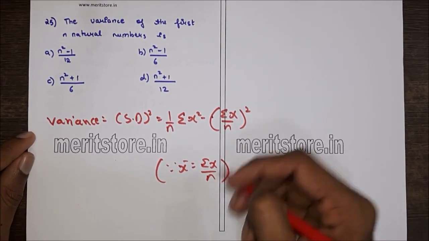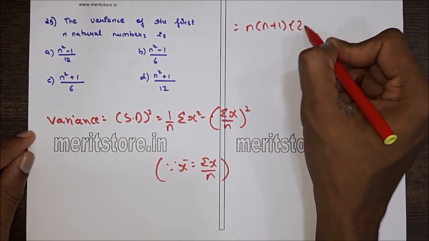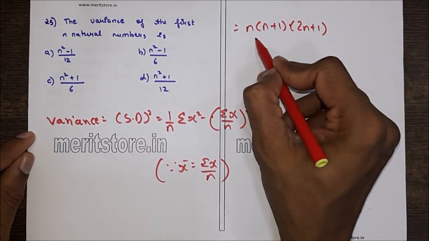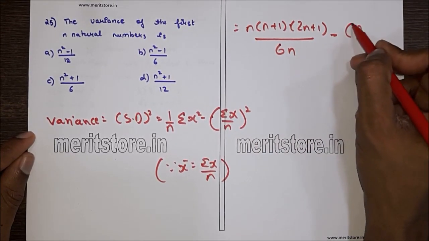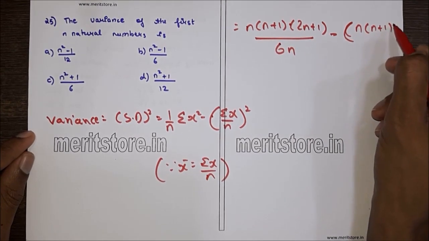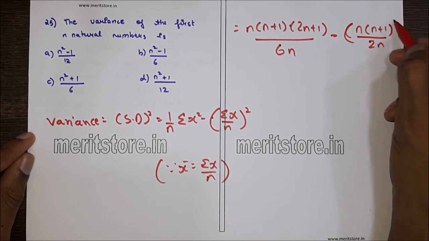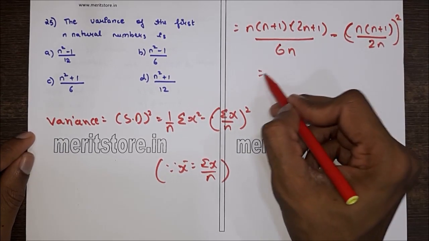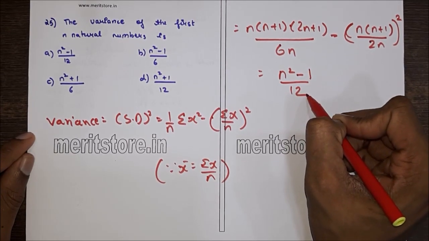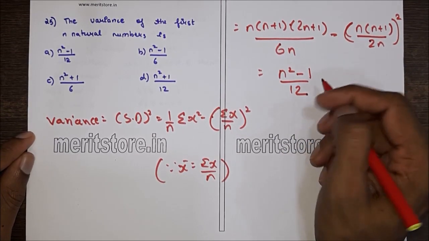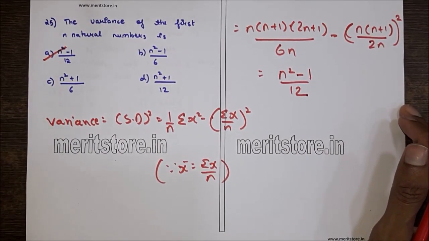We solve this, we get (n plus 1)(2n plus 1) by 6 minus ((n plus 1) upon 2) the whole square. For solving this, we get (n square minus 1) by 12, which matches option A. Therefore, option A is the correct answer.